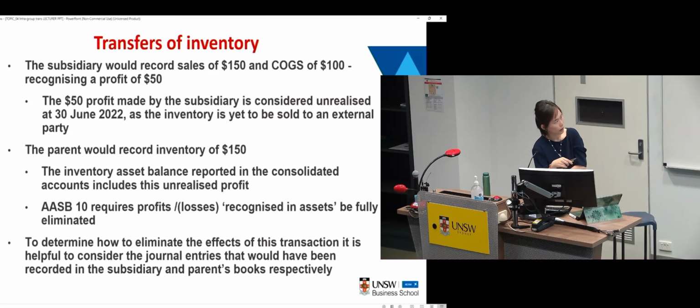So you can see the legal entity's record of the inventory is overstated compared to the group. And we need to adjust the carrying amount of inventory down by 50, right? So using the 150 transfer price minus the original cost 100. The inventory on hand is 100%, right? So the adjustment of inventory will be 50.